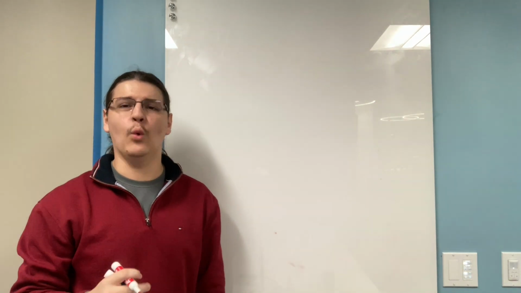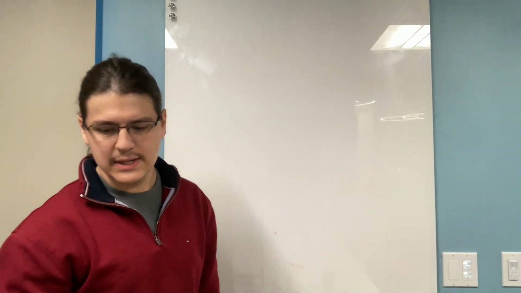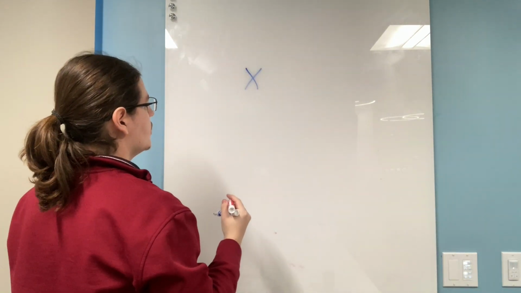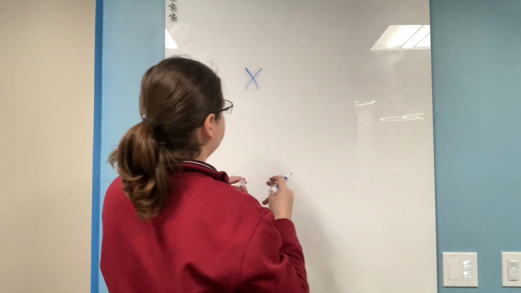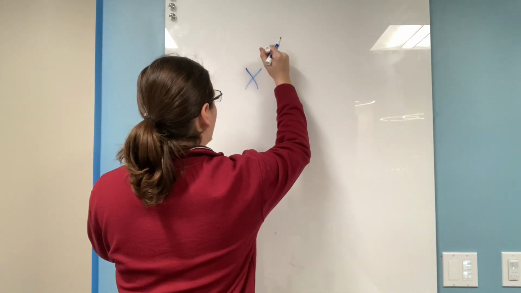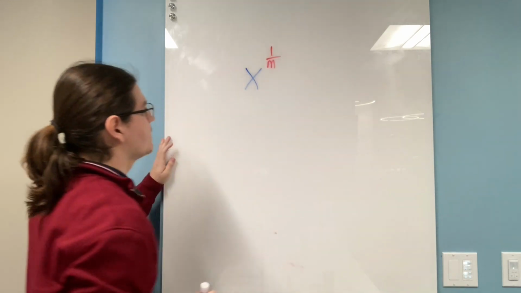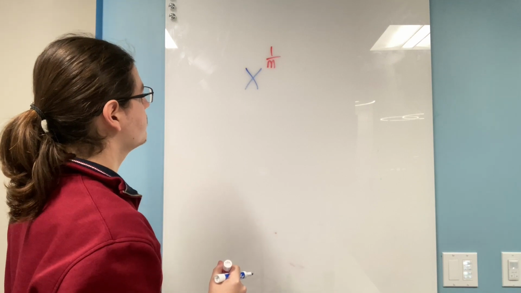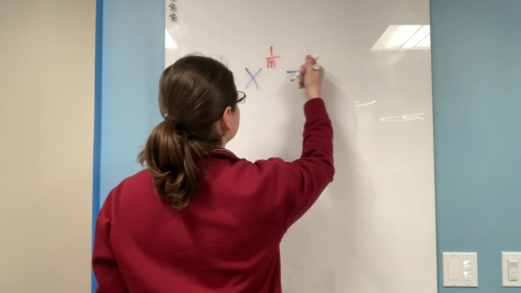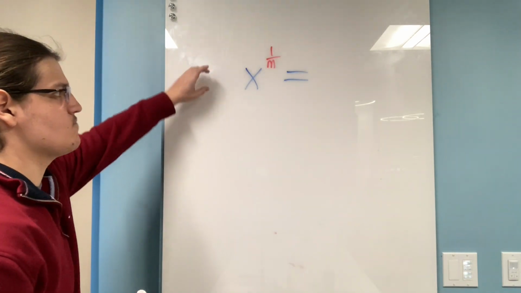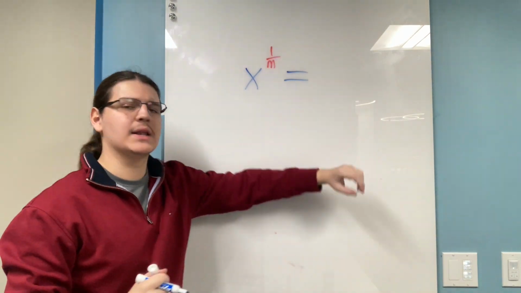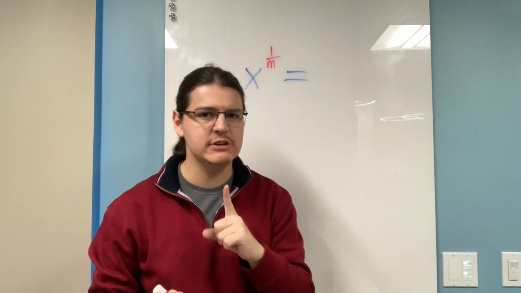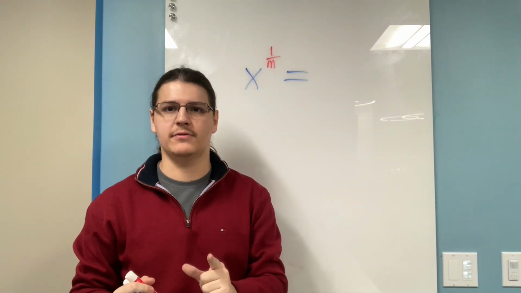What if our exponent wasn't a whole number? Let's say we had x raised to the 1 over m, where it can be any fraction. And that's going to be equal to something. Well, let's use the other rules here. x to the first power is just itself.